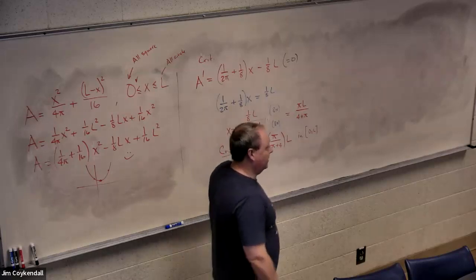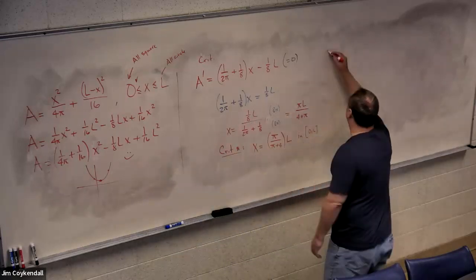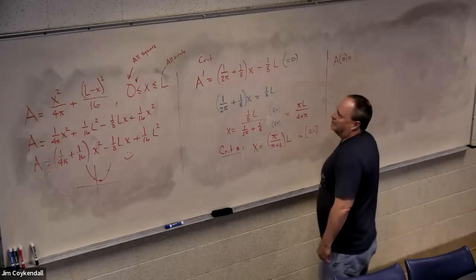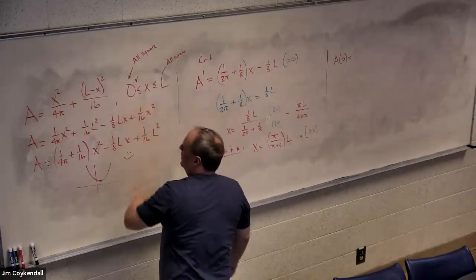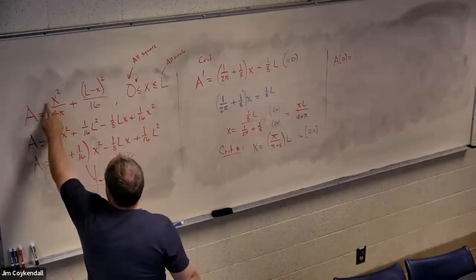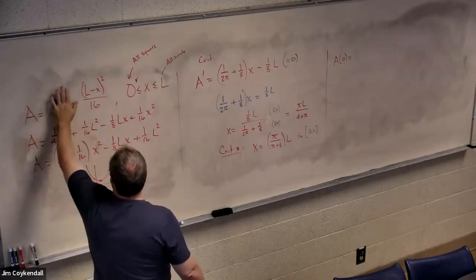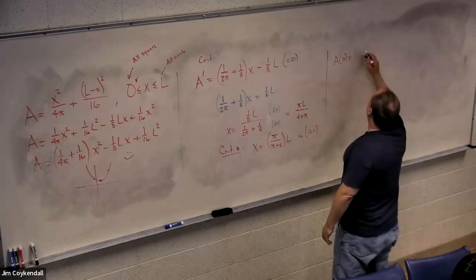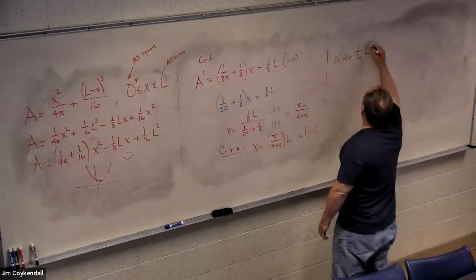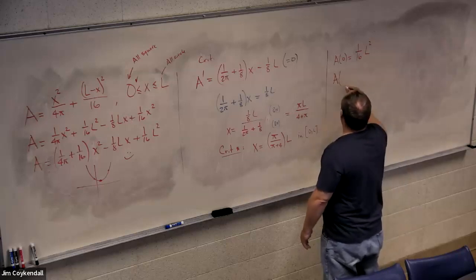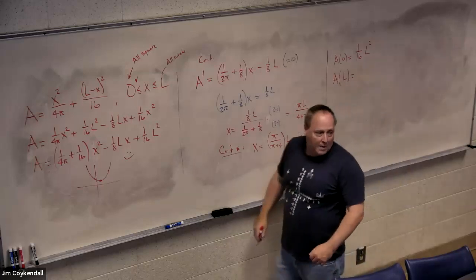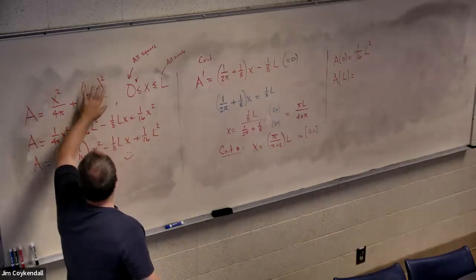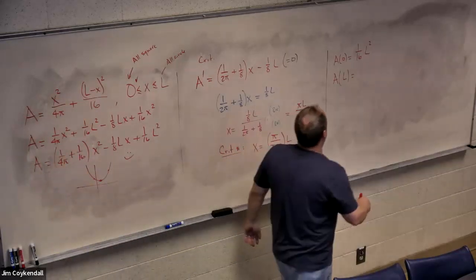And here's how I would do this problem. A of 0 is the all square. Let's see what we get. When I plug in 0 for x, I get 0 here, and I get 1/16 L squared. When I plug in L, this piece drops out, which makes sense, and I get L squared over 4 pi.